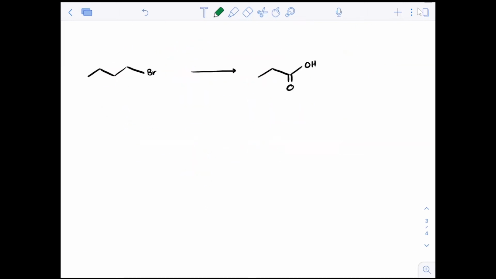All right, last one. Again, looking at our functional group changes, we see that, but let's go ahead and count 1, 2, 3, 4. 1, 2, 3. Removing carbons. Thinking about the best way to eliminate a carbon or to remove a carbon was ozonolysis.